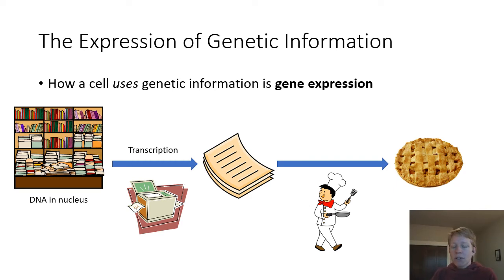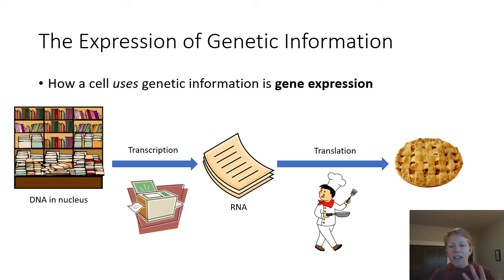So it's similar to our cells just making a copy of the single gene that we want. And that copy, that photocopy, is the same as RNA, and specifically mRNA in our cells, and that can leave the nucleus. Then when our cells actually read that recipe or read that mRNA, that process is called translation.